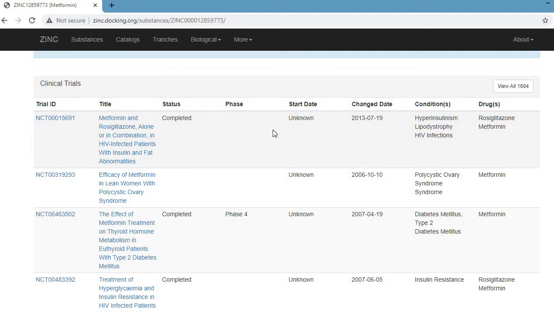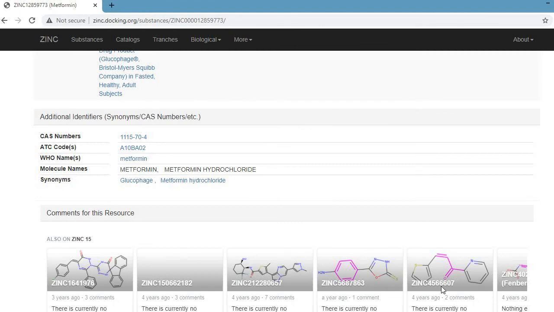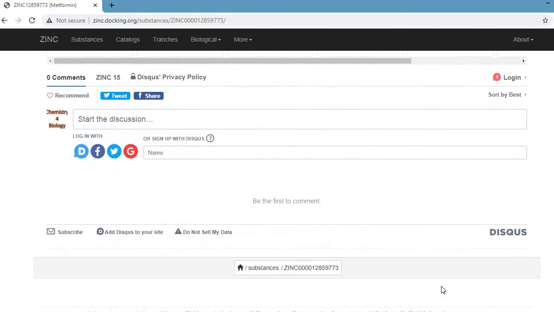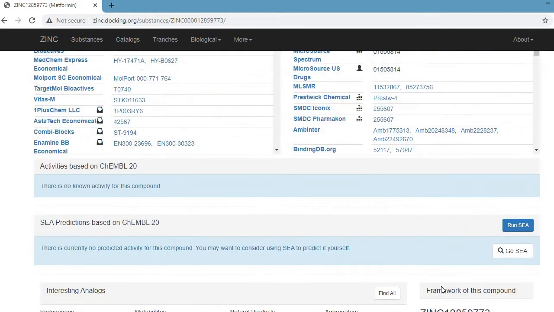The status is completed and it is of 2013 data. Similar to this, there are also various other studies that have been done in 2006, 2007, 2007, etc. So like this we can check different drugs in the database for drug design.